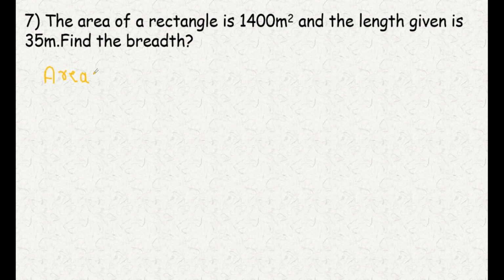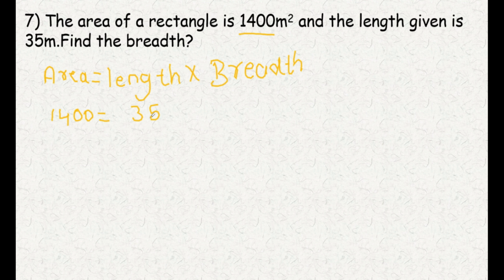Area is equals to length into breadth. The length is already given, the area is already given, 1400 into length is 35. Let's assume the breadth as b.